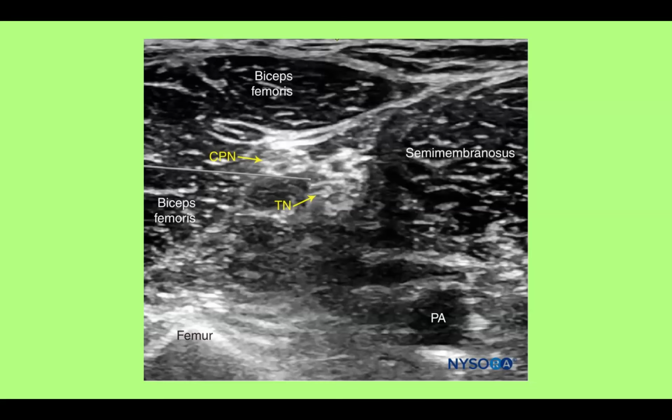So it's really important because our approach for this nerve block is from the lateral side. So there is a risk of damaging that common peroneal nerve if we don't identify it first.